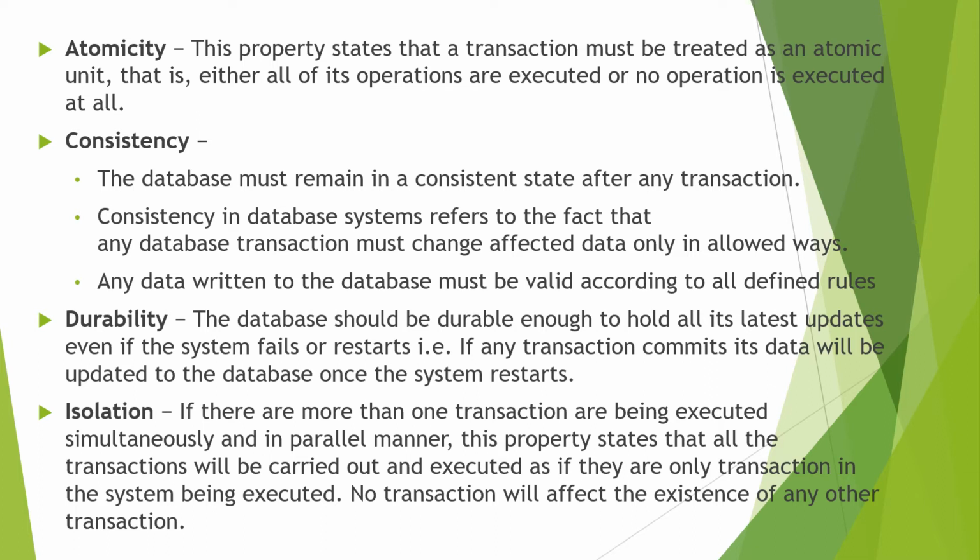Now, the second property is consistency. This property states that the database must remain in a consistent state after any transaction. Consistency in a database system refers to the fact that any database transaction must change affected data only in allowed ways.